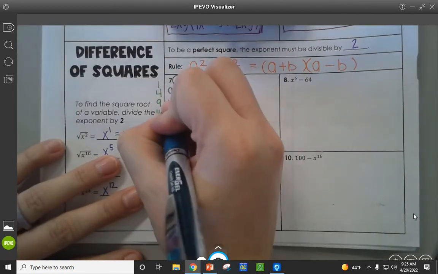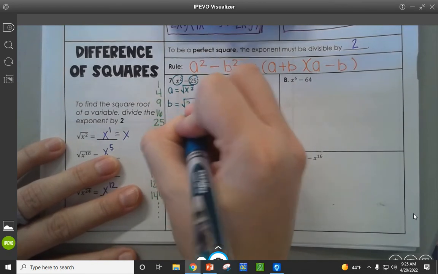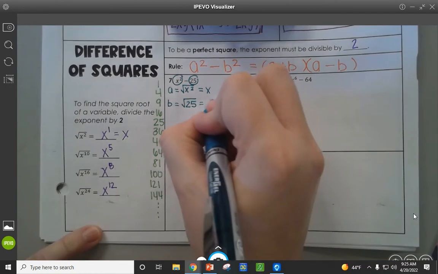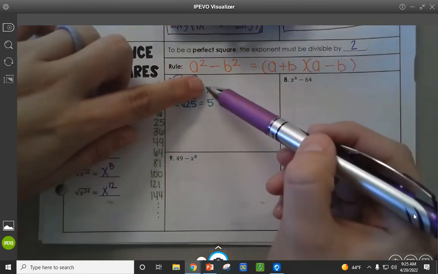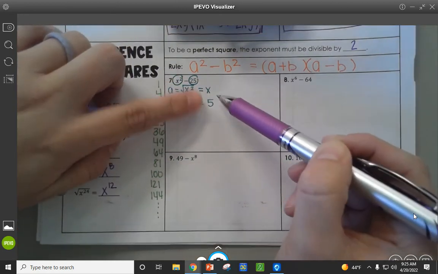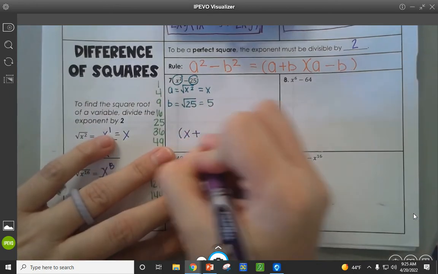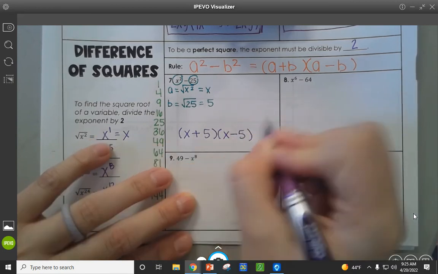X. B, I'm going to find the square root of the 25. Just ignore the negative when it is 5. So my answer, it's A plus B, A minus B. So x plus 5, x minus 5.